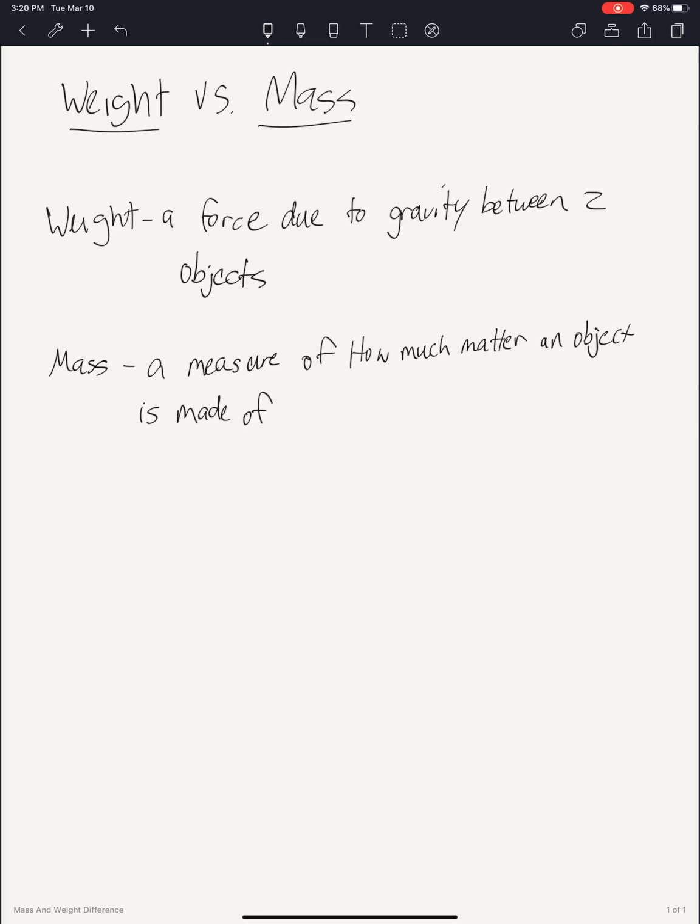One of the things that's confusing about this is that the formula is just weight equals mg. You use this in physics all the time, where W is the weight force. It is a force. m is the mass of the object, and g is the acceleration due to gravity.